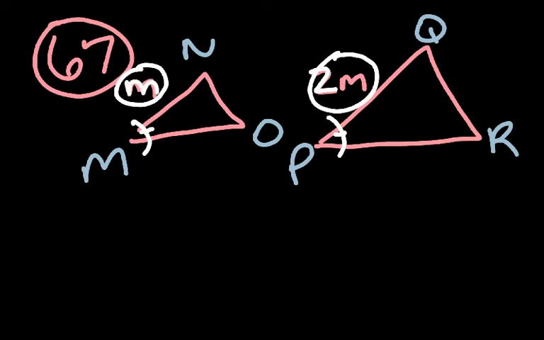C says the length of PR, which is this one right here, is twice the length of MO, which is also true because all of these are going to be twice. This one will be twice as big as this one, and this one's twice as big as this one, and so on.